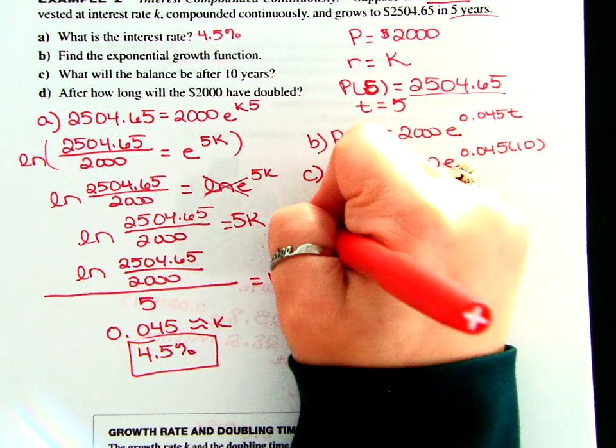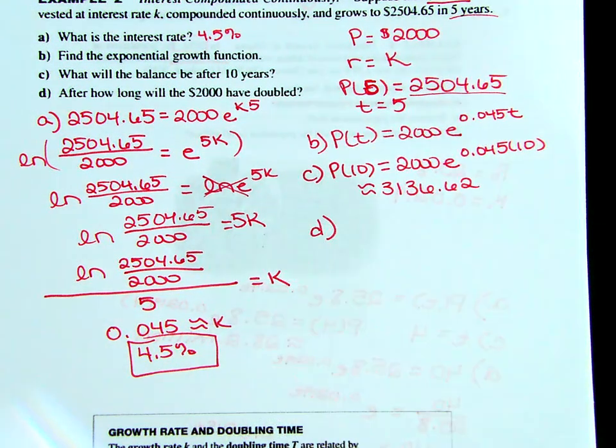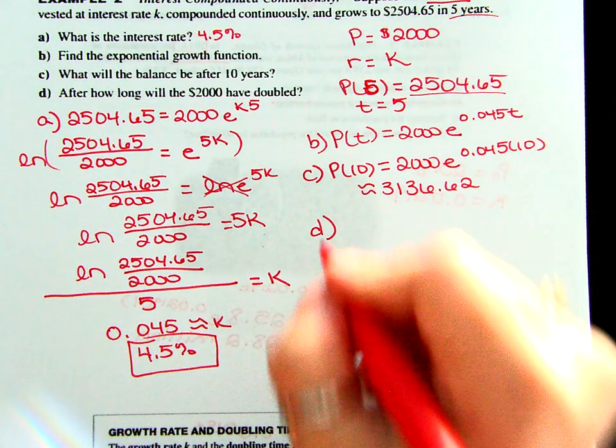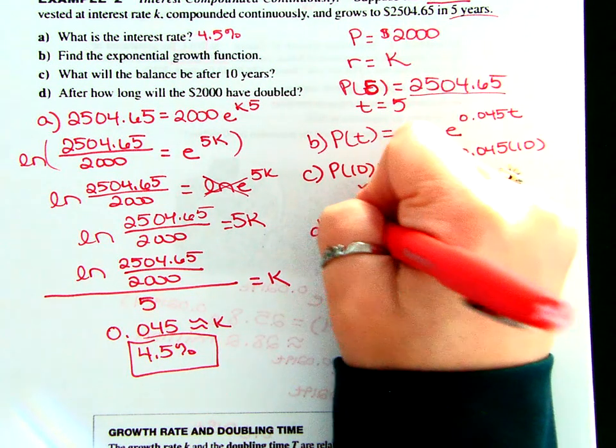Now for step D, it says after how long, so that tells you you're going to be finding the time, after how long will the $2,000 have doubled? How do we figure that out? Yeah. Look at you guys. He owes you a Coke now. Yep, we're going to set it equal to 4,000. That's our ending principal.